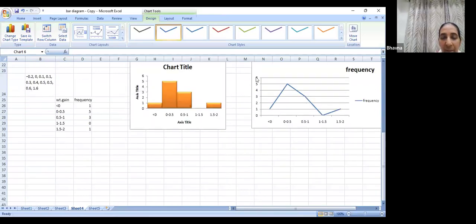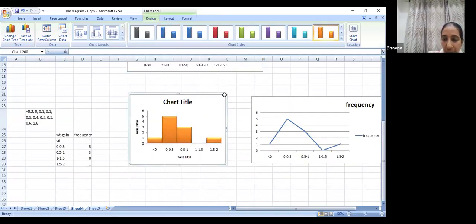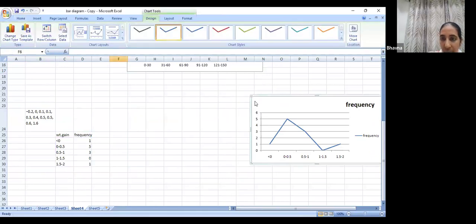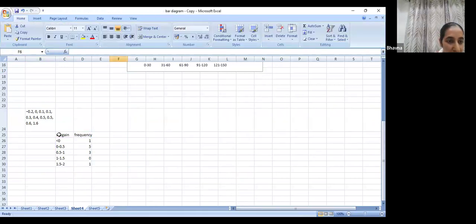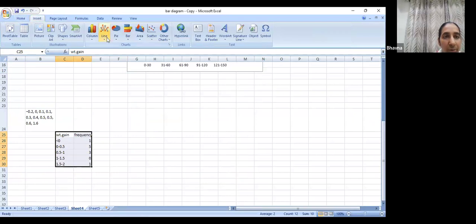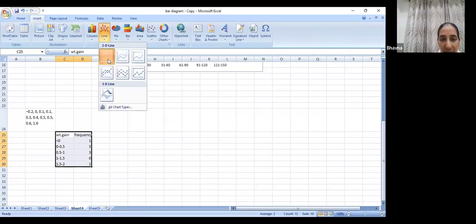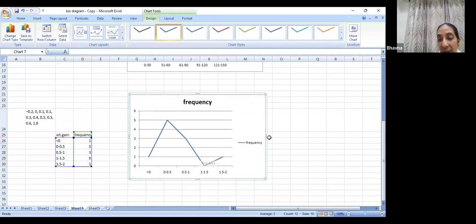The same line diagram for the weight gain of pup, the example that we talked about. See, we'll select this entire data. We'll go to insert, we'll go to line, we'll again draw a line diagram. See? But the important thing that you should appreciate here is that since there was no data between 1 to 1.5, there was no bar and no midpoint.